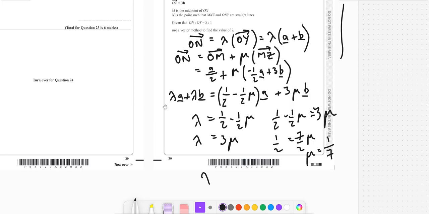So lambda equals 3 times 1/7, which equals 3/7. There we go. There we have it.